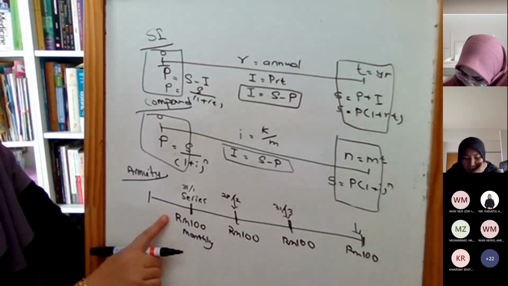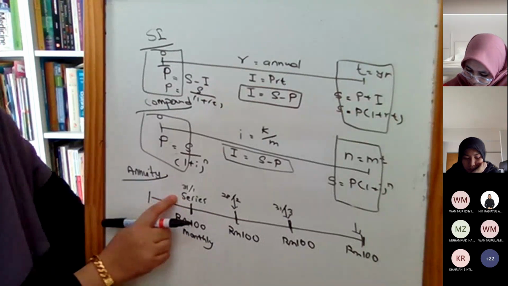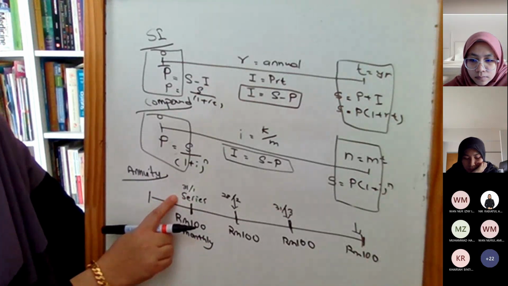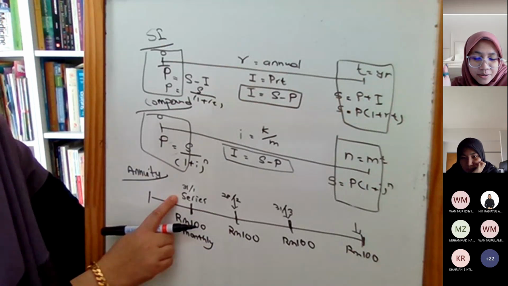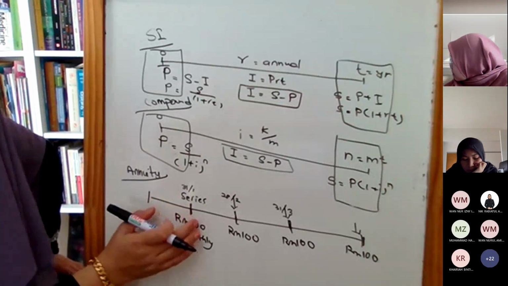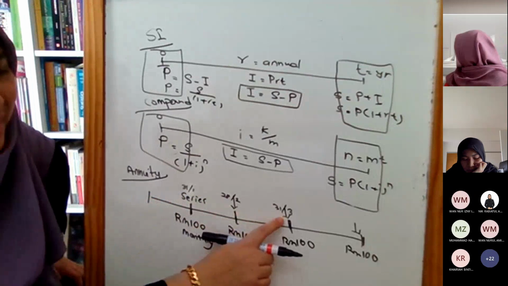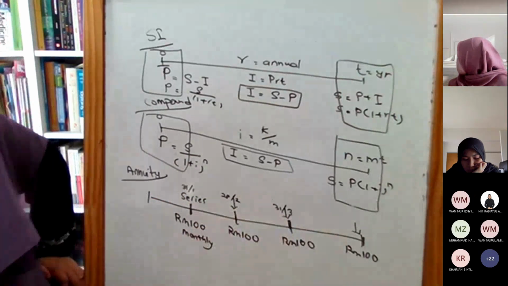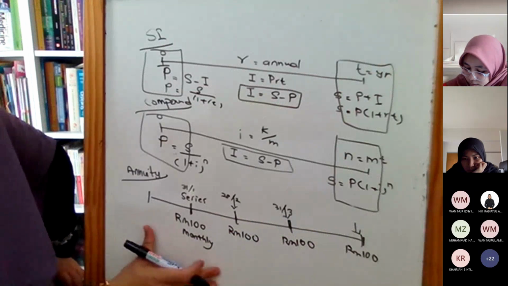If this is RM100 annually, saya bayar RM100 tiap tahun, maka bayaran pertama dibuat pada 31 Disember. Ordinary annuity, payment is made at the end of the interval of time. 31 Disember tahun depan, 31 Disember tahun depannya, 31 Disember tahun berikutnya. Right? Sama juga kalau this is RM100 semi-annually.